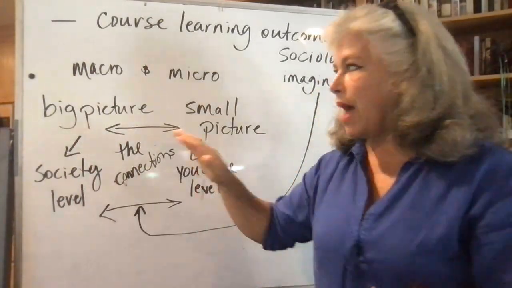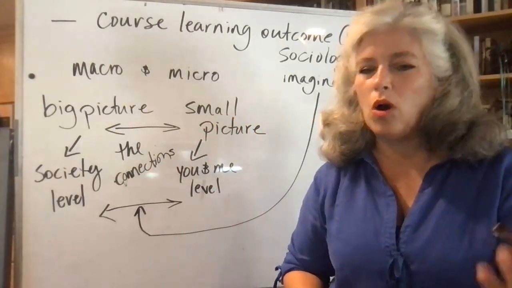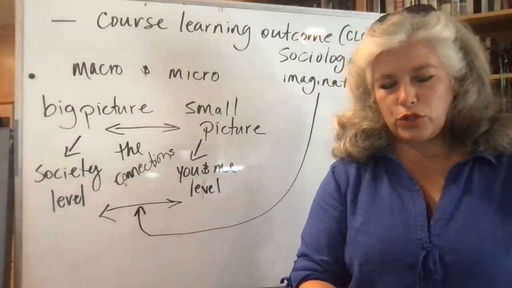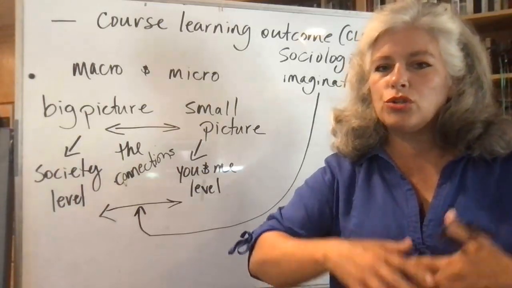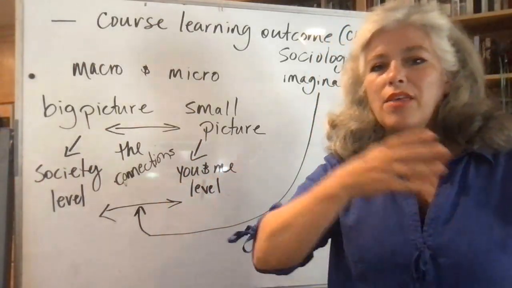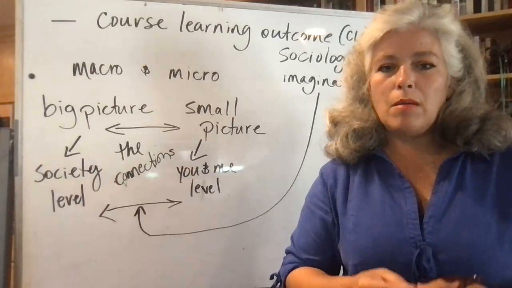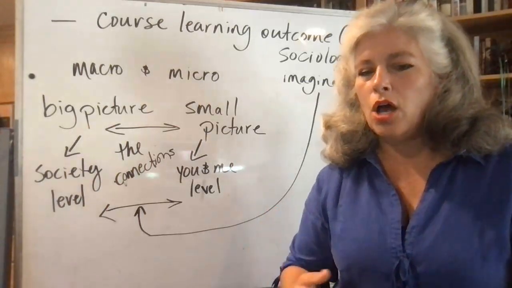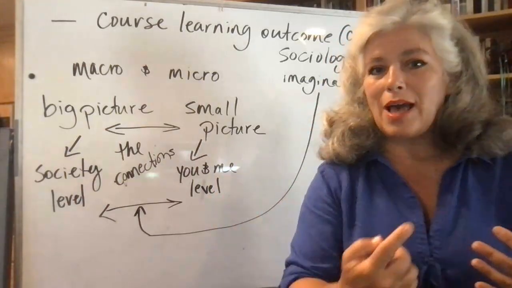And I emphasize macro compared to micro in this video because maybe not all of you are like this, but I would say 90% of the students I meet for the first time in my classes have never really stopped to consider how the larger structure of the world around us, whether it is the city that you live in, the state, the nation, the continent, the trade zone, whatever it is, most of my students, 90%, have never really stopped to consider how and why larger social structure affects our lives in just the daily circles that we travel in.